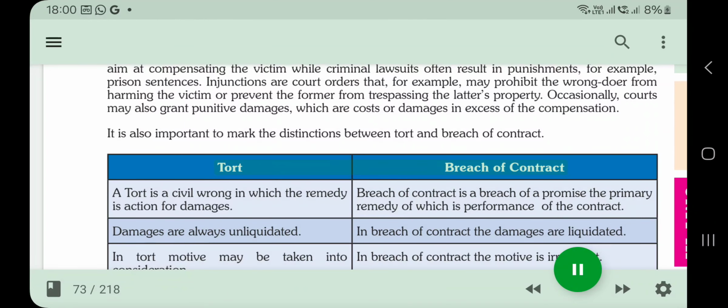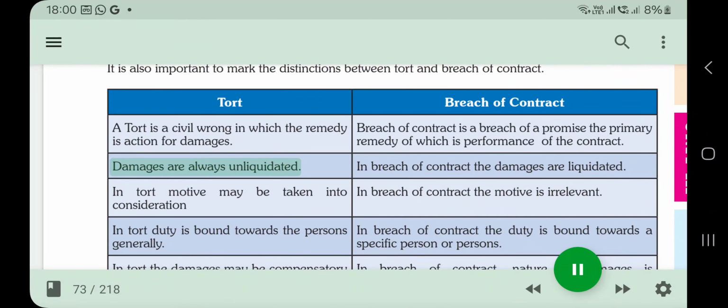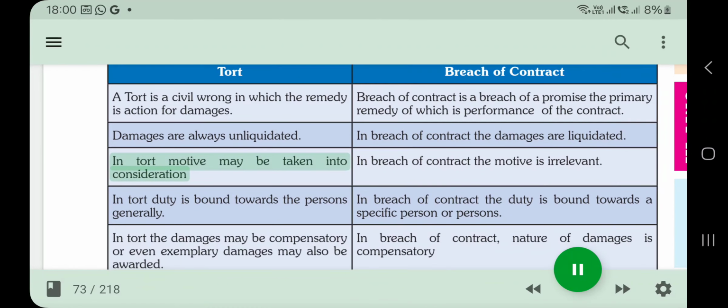Tort, breach of contract. A tort is a civil wrong in which the remedy is action for damages. Breach of contract is a breach of a promise, the primary remedy of which is performance of the contract. In tort, damages are always unliquidated. In breach of contract, the damages are liquidated. In tort, motive may be taken into consideration.